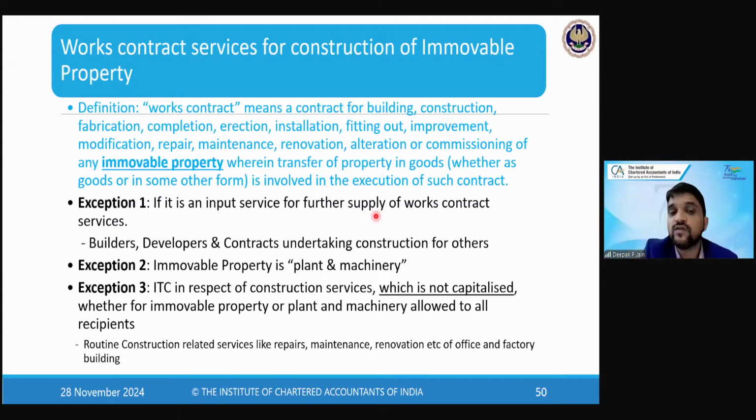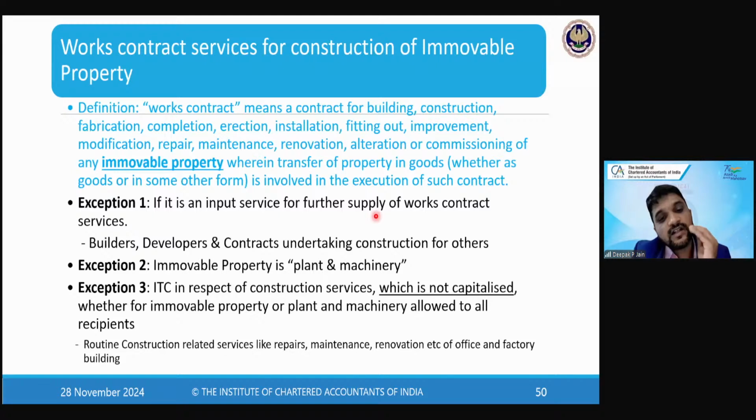So just 2 words, plant and machinery, has triggered so much of a big hullabaloo till the Supreme Court level. And they have yet kept it pending, to decide whether that mall is a plant and machinery. But basically what I'm trying to say here is, if it is an input service for further supply of works contract, a builder or developer only can claim it.